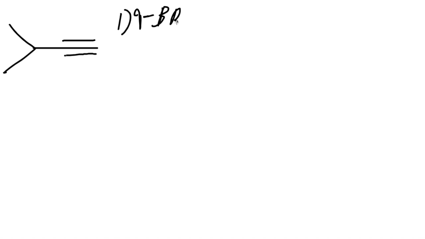Let's try another problem, and for this we would use the original structure here. It's still reacting with the reagent that we had been using, 9-BBN, and this is all over H2O2 and NaOH.